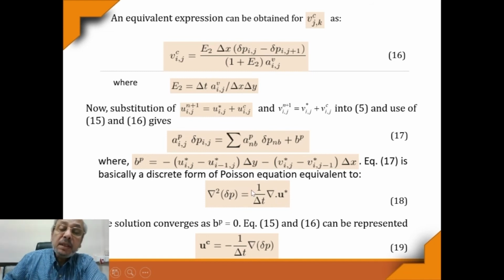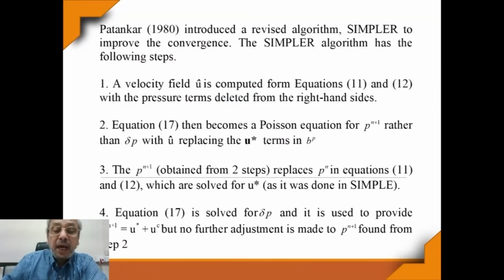But whatever delta P we get, we make use of that to get velocity correction, and we keep on updating velocity till we get convergence. That means divergence of velocity in each cell is 0, and there is no longer delta P from equation 17. This is called SIMPLER.